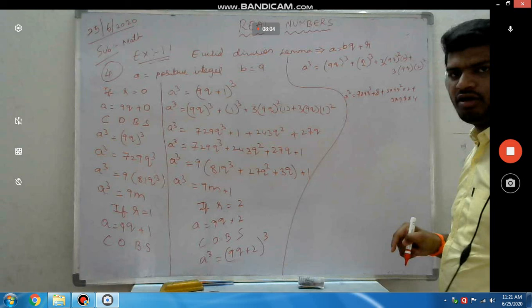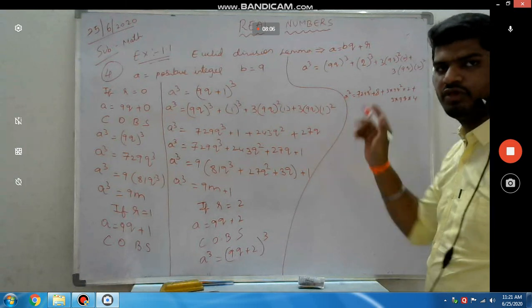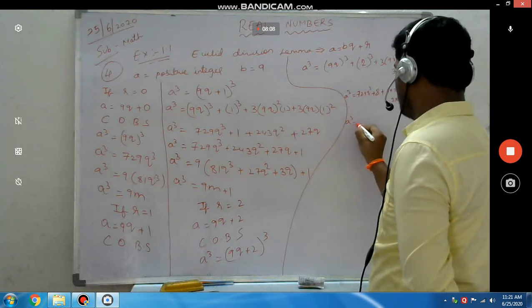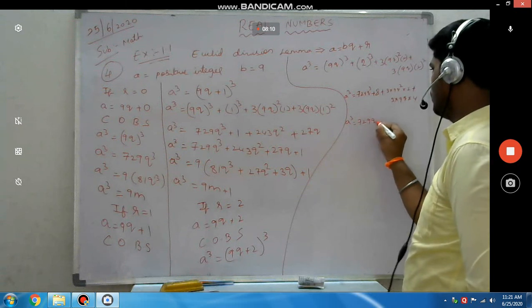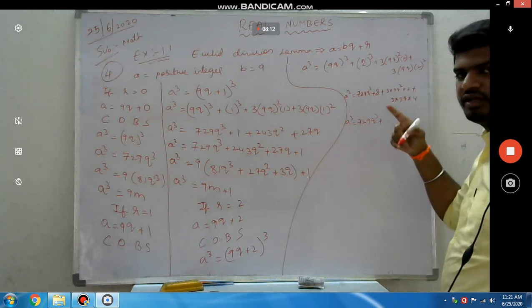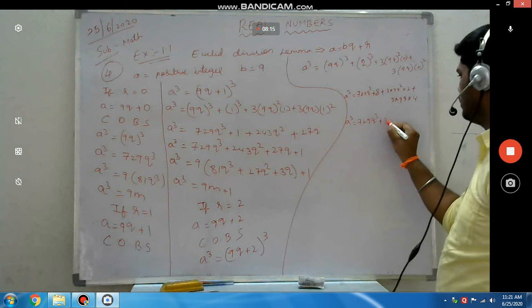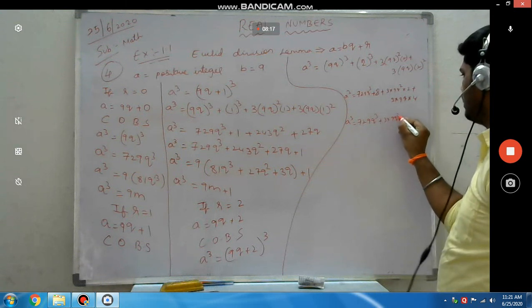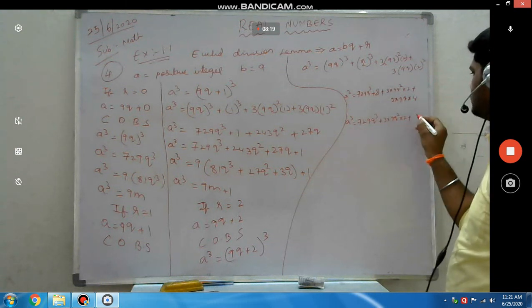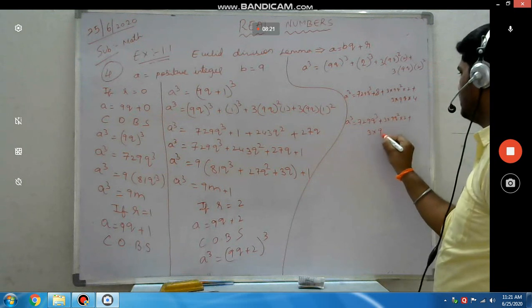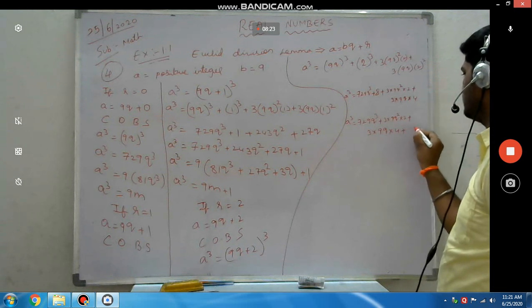Write it in the order of powers of q. Then it will become a cube is equal to 729 q cube plus, next after q cube, q square: 3 into 9q square into 2, plus next 3 into 9q into 4, plus 8.